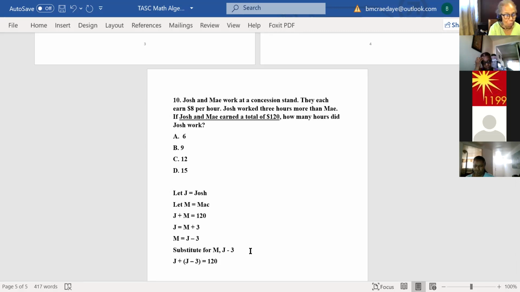But what do we know? We know this 120 is an amount of money that comes from the number of hours times the $8. So that means we've got to multiply 8 times each one of these, right? Because that's how much they're making per hour.